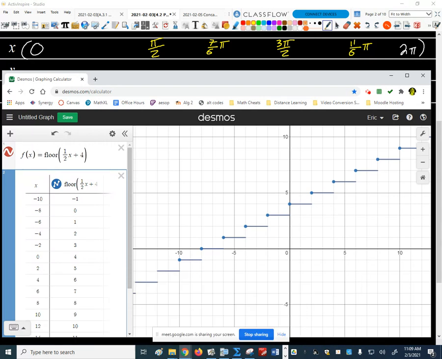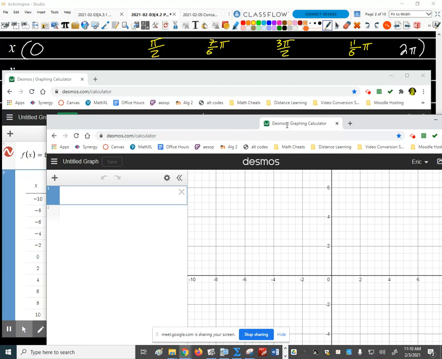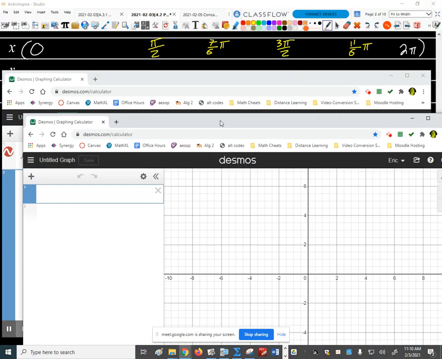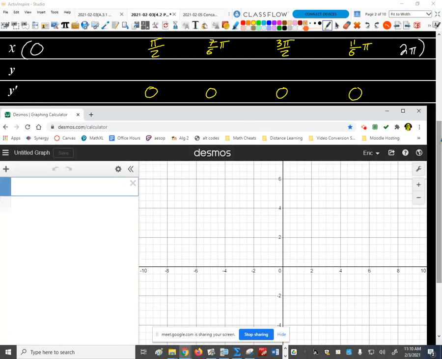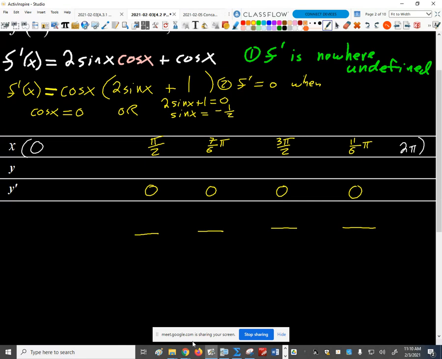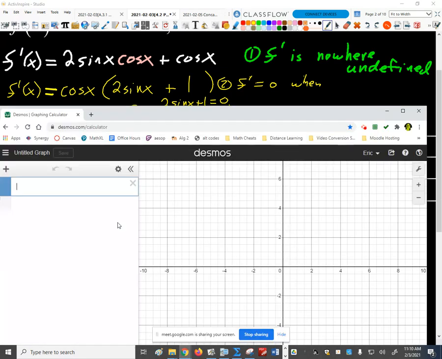That was kind of dumb. Gotta enter it again. What would happen if I do sine squared x? Does it know what to do? Oh yeah, it does. That's good. Okay, that was my original function, right?